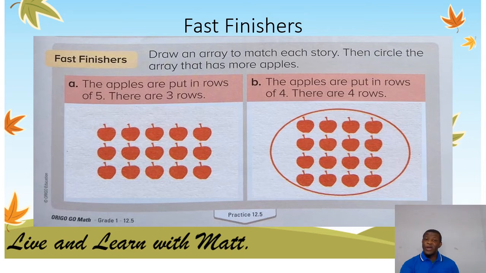And we will circle that because 4 rows of 4 is 16. 3 rows of 5 is 15 in total. 4 rows of 4 is 16. So 16 is more than 15. We circle part B.